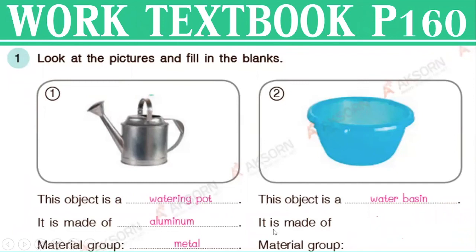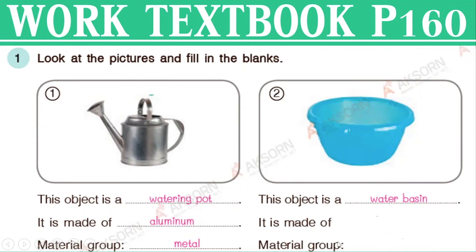Identify what it is made of. It is made of, what is it? Okay. Yes, I think you know that it's plastic, all right? So write down it's made of plastic, and what kind of material group? So if this one metal, this one plastic, what is it? You answer the material group and write it down.